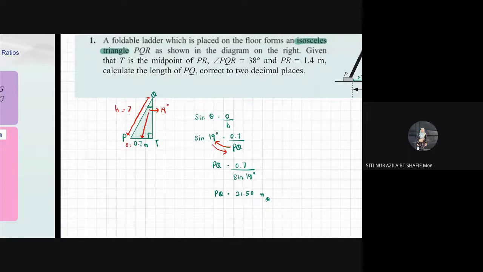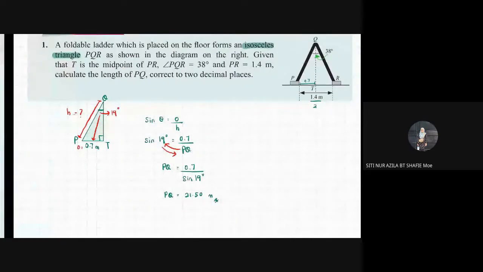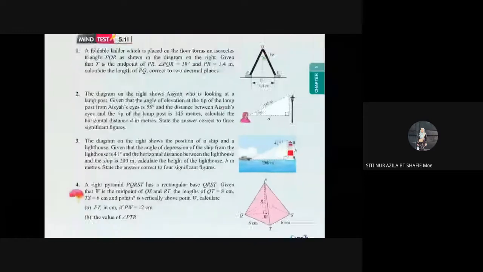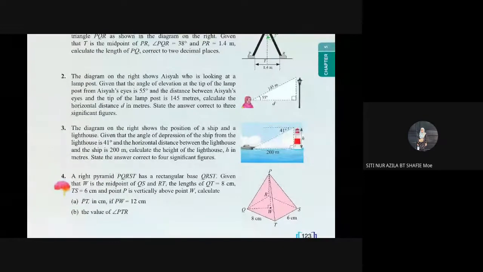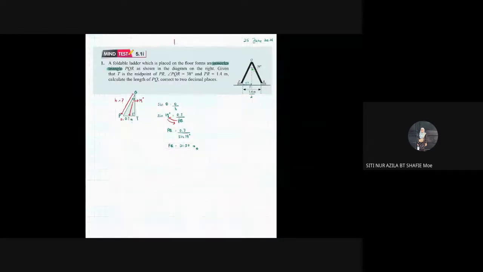Okay, so we're done with question 1. Your homework for today: I want you to try to answer question 2 and question 3 on your own. I'm giving you until Monday. Do this in your exercise book, together with question 1.